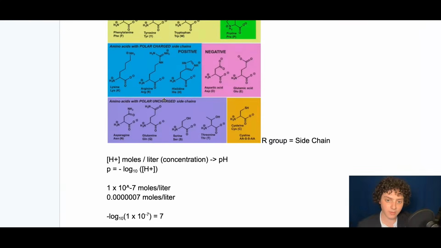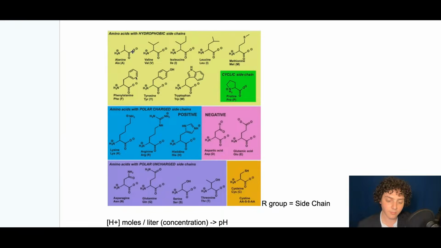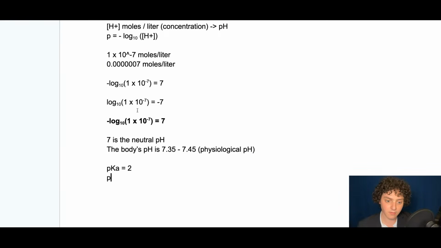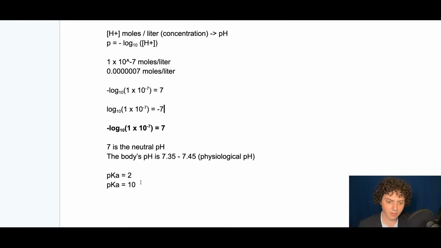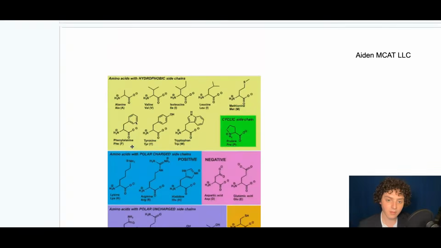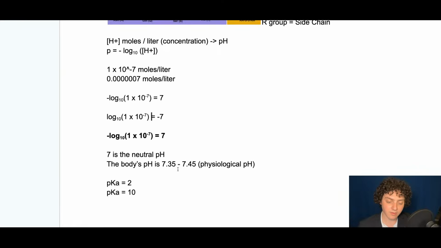So let's ballpark the pKa of that carboxyl group as about 2, and the pKa of that amino group as about 10. Without getting into what exactly those numbers mean, when the pH of the environment is higher than a chemical group's pKa, that chemical group loses a hydrogen.